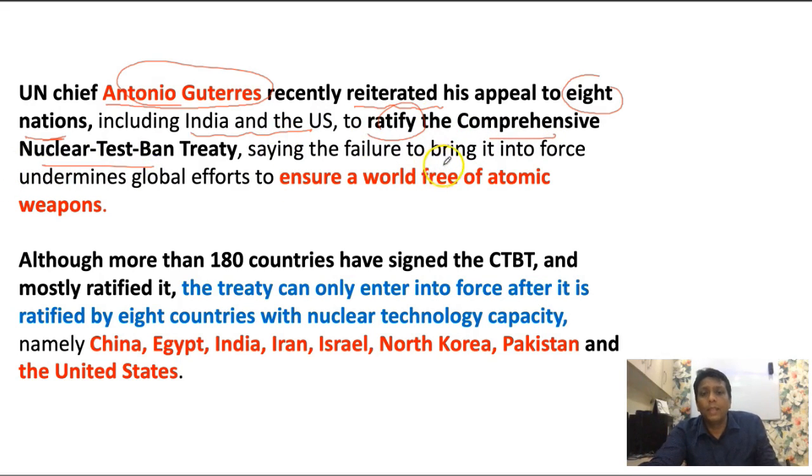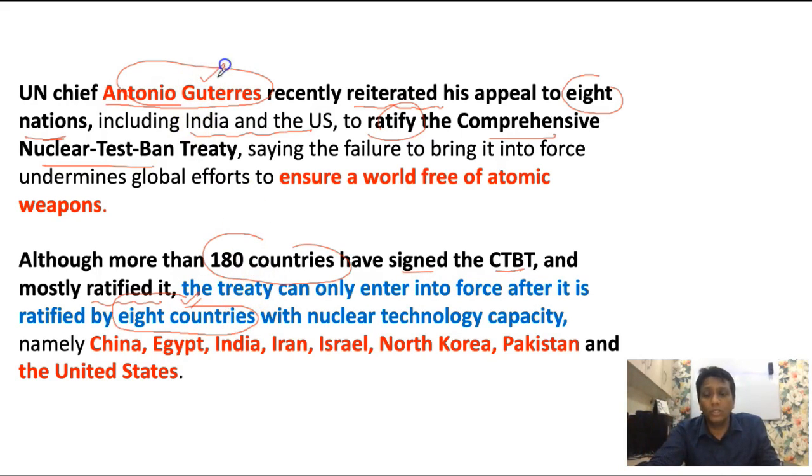The reason is that 180 countries have already signed the CTBT, but it has still not been ratified and has not come into force. The ratification of these 8 countries is very important, and without it the CTBT will not come into force. This is the reason, guys.